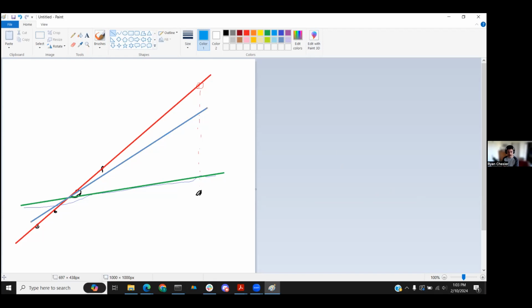You would still be pulled very, very heavily by the 1 point. Right. The green line, the more points you have over here, instead of 4, you have 50, then the green line's going to be a lot closer to the red line because you're going to get 49 votes for near the red line and only 1 vote for near this point. But it will still.